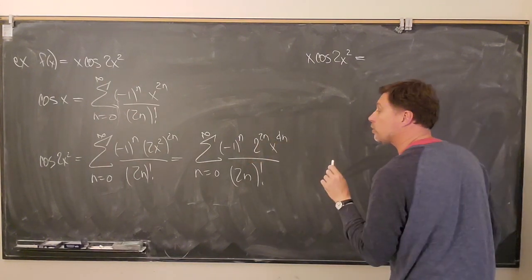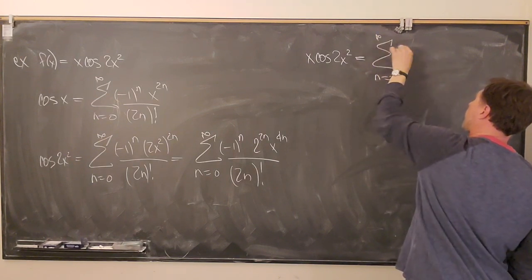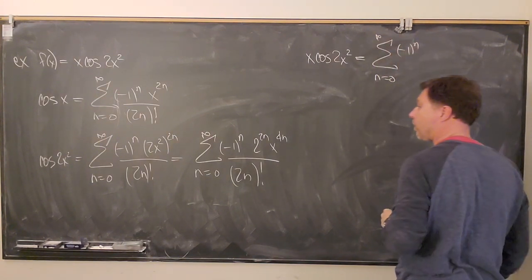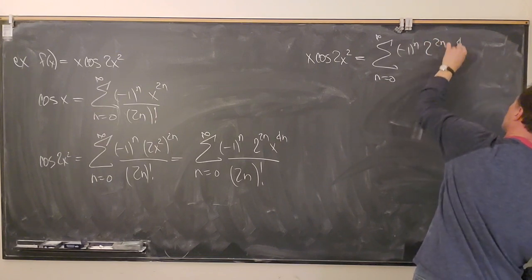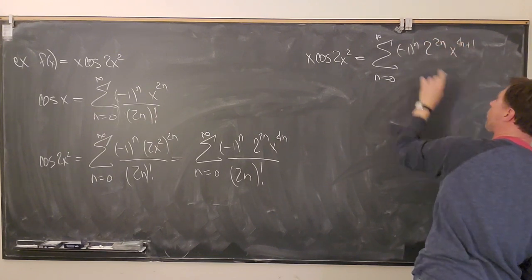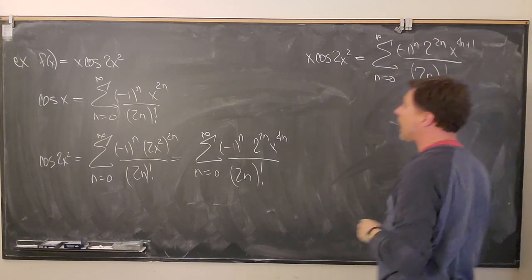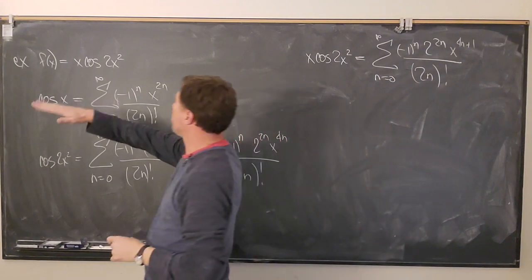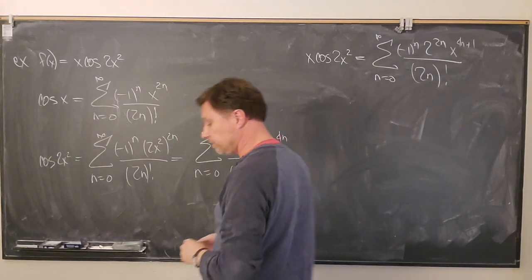Now, if I multiply through here by x, there we go. And once again, the radius of convergence for this power series is infinity. Same with this one when you substitute.